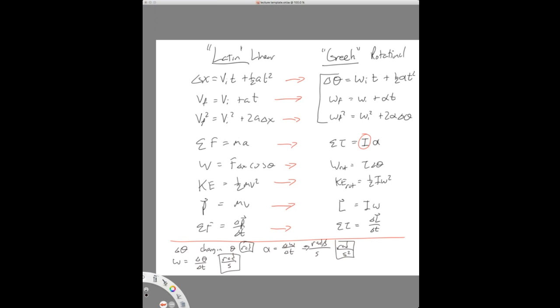So a sample problem could say something like the following. A wheel starts at rest and begins rolling with an angular acceleration of 2 radians per second squared. If we were to translate that, we would say omega initial equals 0 and alpha equals 2 radians per second squared.